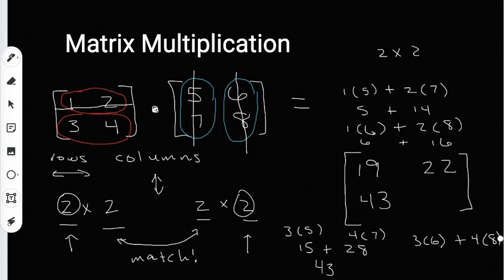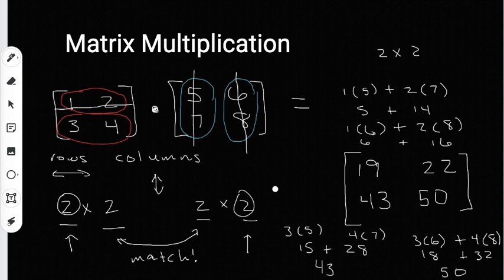When I work it out, 3 times 6 is 18, and I know that 4 times 8 is 32, and 18 plus 32 is going to give me 50. So that's going to be the last number to finish up this matrix. So notice we used all the rows, we've exhausted all the columns, and now we can say that we're done.